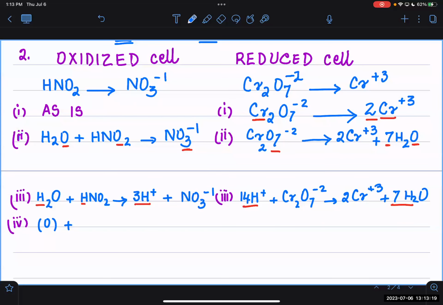Charge on HNO2 also 0, right? Here you have 3 plus 1 charge. Clear? Plus nitrate. So plus 1 into minus 1 charge. Okay, so that's one piece regarding the charges.